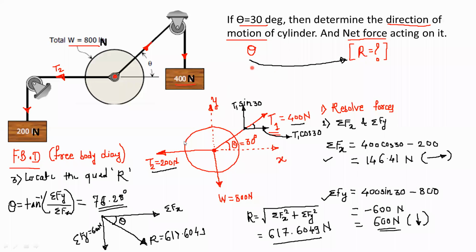Okay, so all of you must have got this answer. Theta is 76 and R is 617.